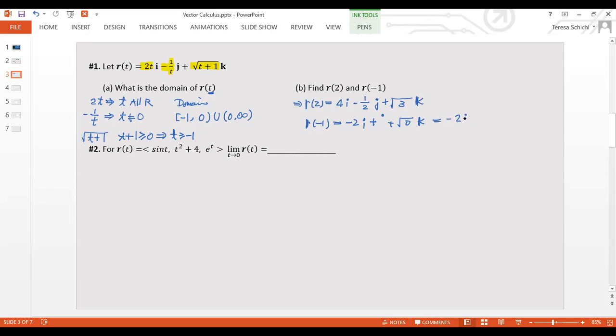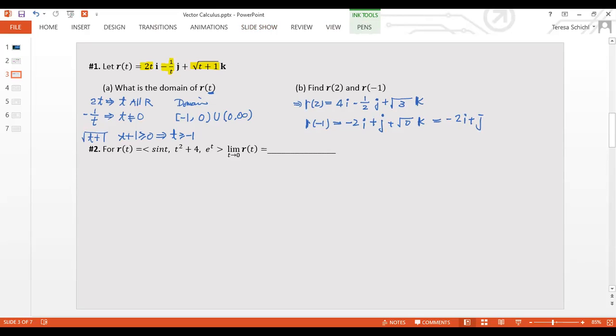So it's negative 2i plus j. It's just like dealing with a real-valued function f of x and y, but now we are defining what we call vector functions, with different components.